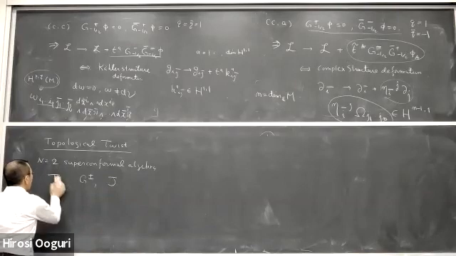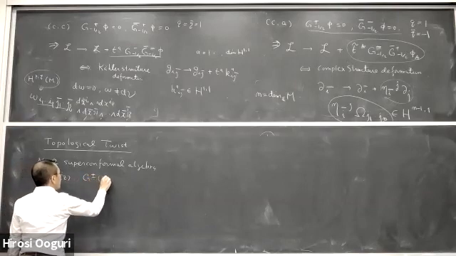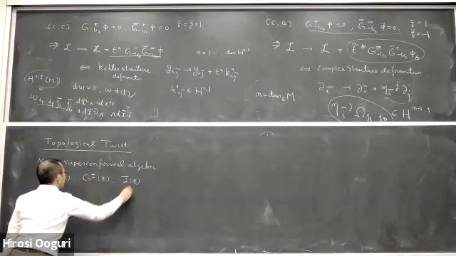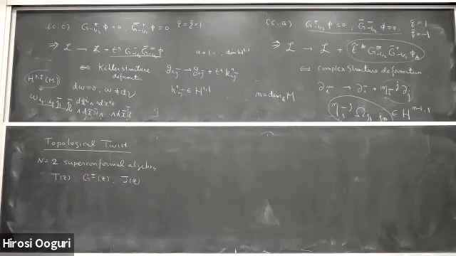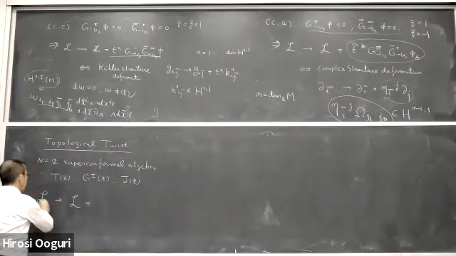These are all holomorphic quantities. These are all holomorphic fields in two dimensions. Then the topological twist is the following operation. If you have a Lagrangian, then you deform this Lagrangian.